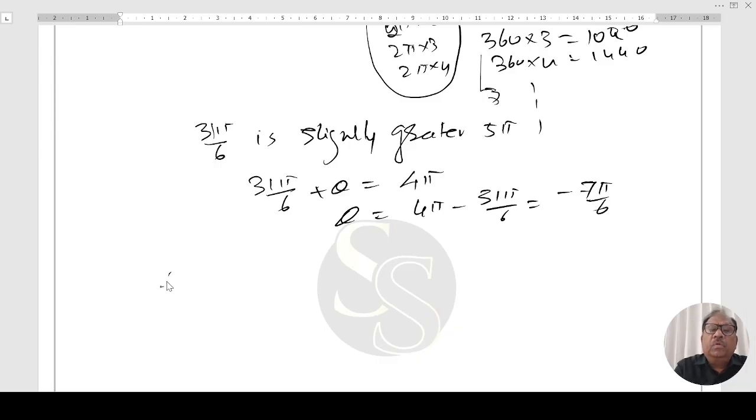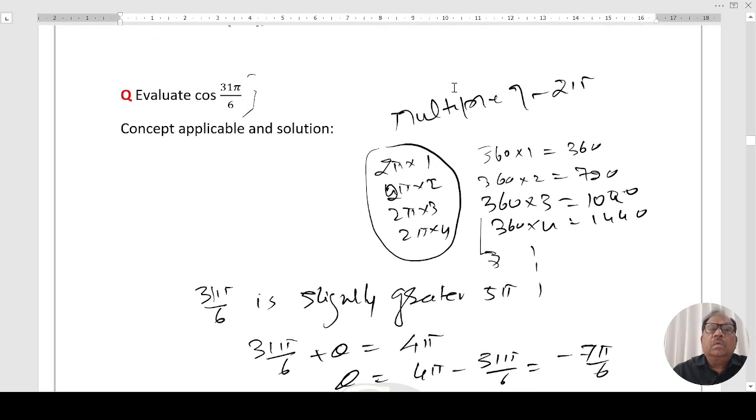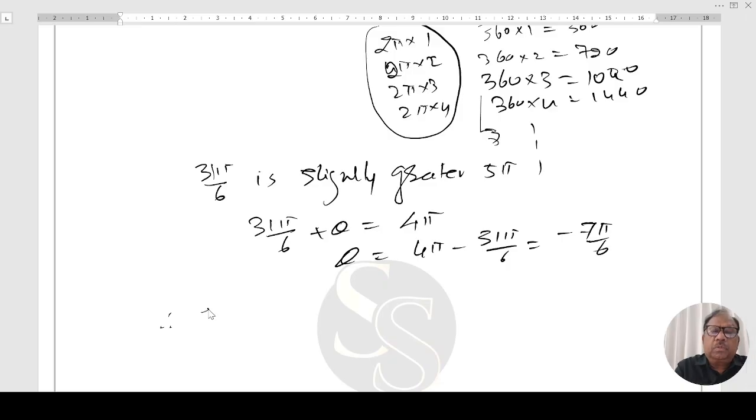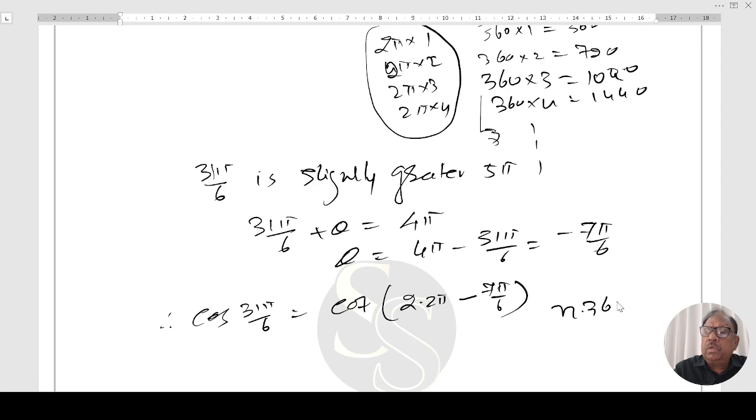So, therefore, cos 31 pi by 6 can be written as cos 2 into 2 pi minus 7 pi by 6. Now this is n into 360 minus theta, quadrant 4.